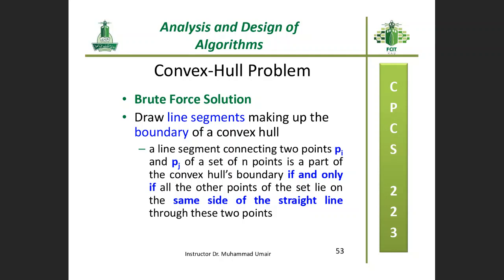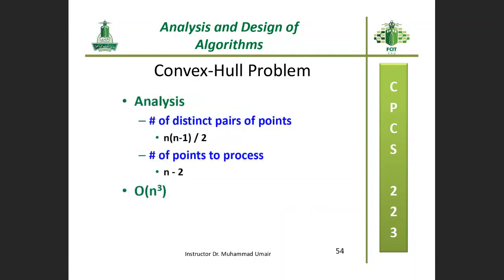If you draw a line and all points come on either side, then those points are on the boundary line. So how will you solve it?